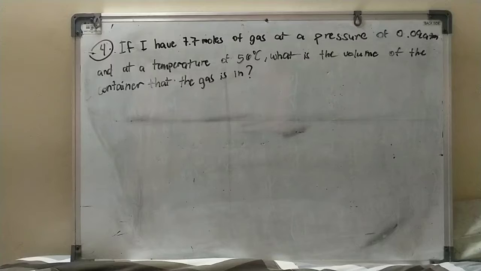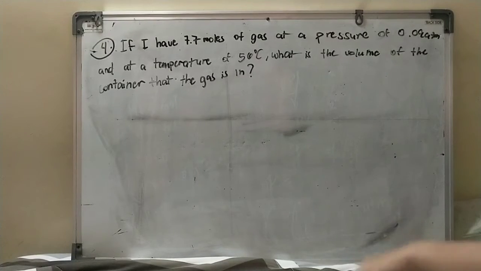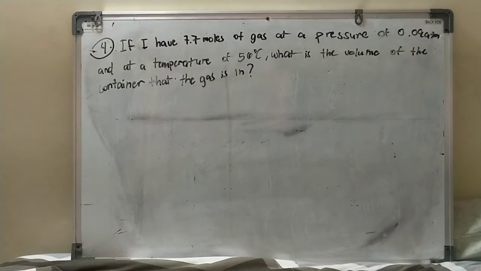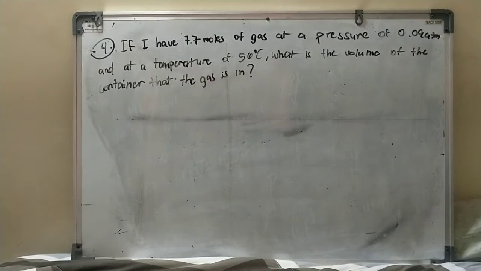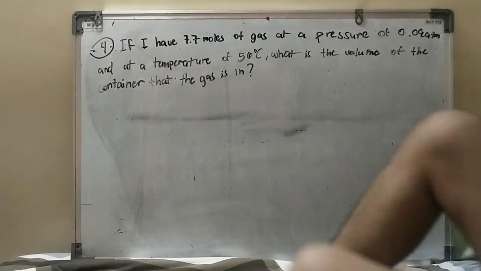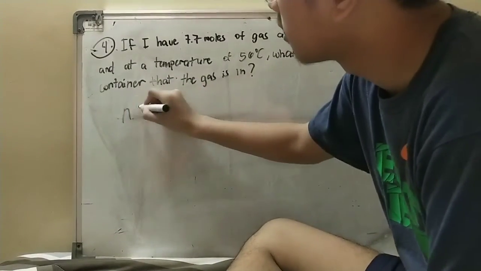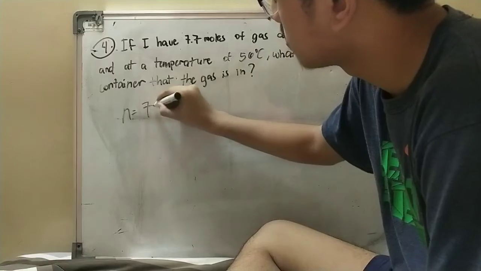Our fourth example is, if I have 7.7 moles of gas at a pressure of 0.09 atmosphere and at a temperature of 56 degrees Celsius, what is the volume of the container that the gas is in? So, let's list all of the values that we see in the problem in order to set them for our derived formula, which we'll do later. So, our moles is 7.7.